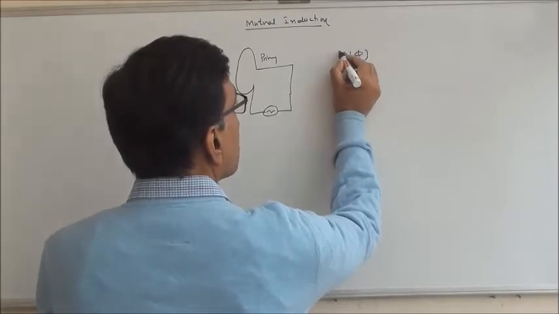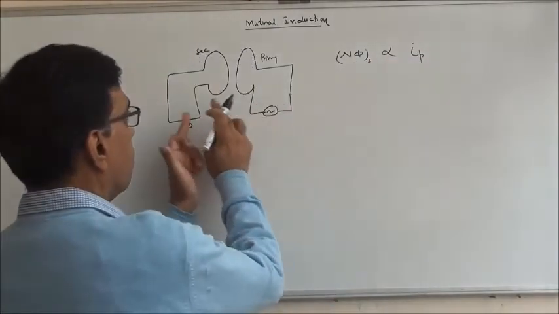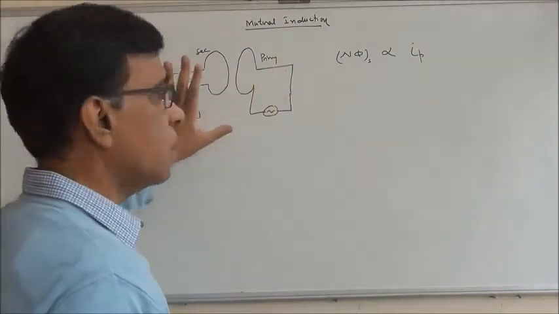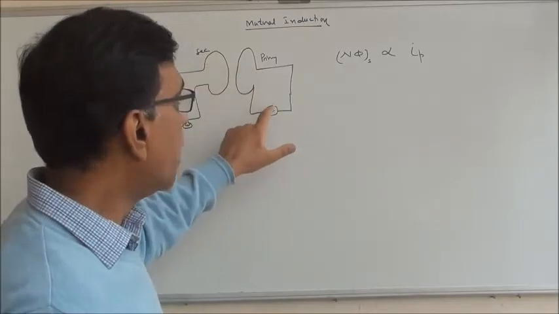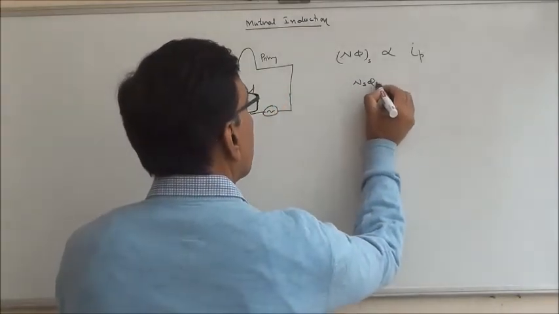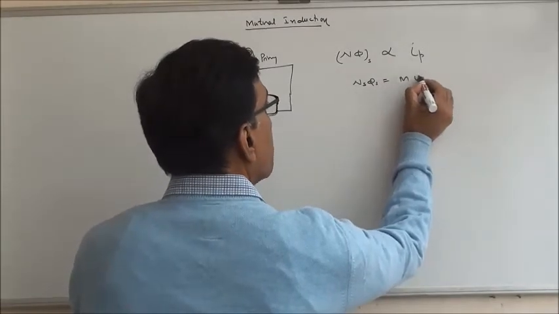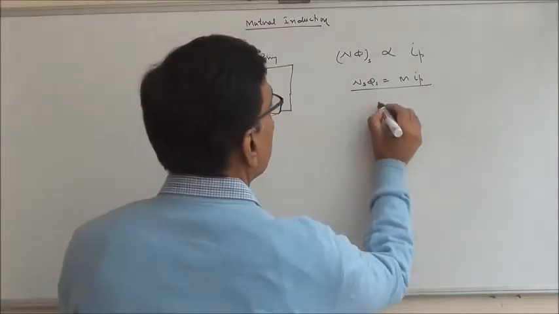So flux for the secondary here depends on the current in the primary. I'm taking this as the primary and this as the secondary coil. Flux of this depends on the current flowing here. And this constant of proportionality is called the coefficient of mutual induction, or mutual inductance.